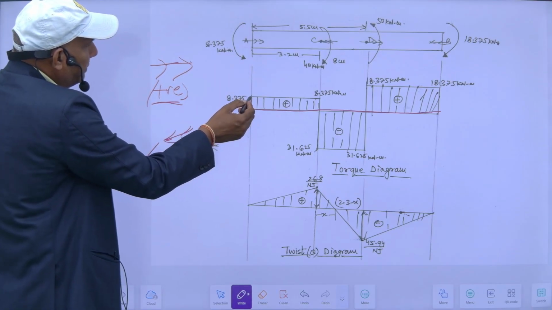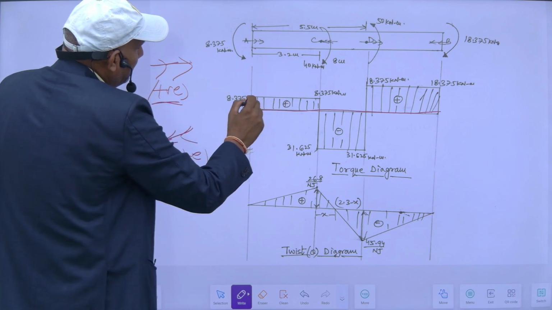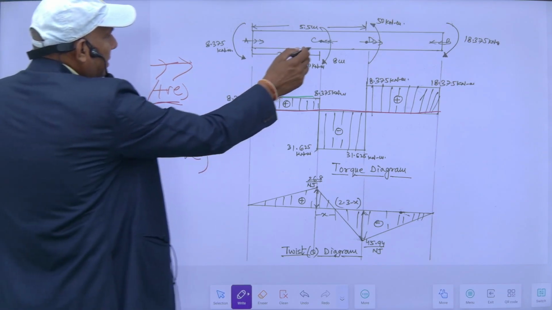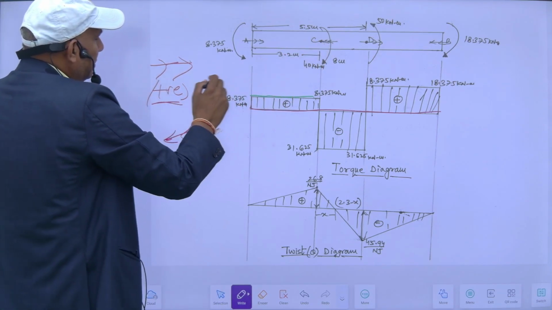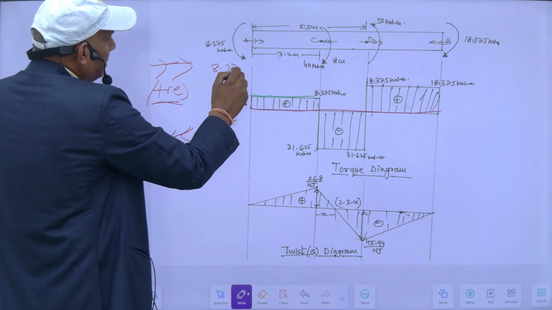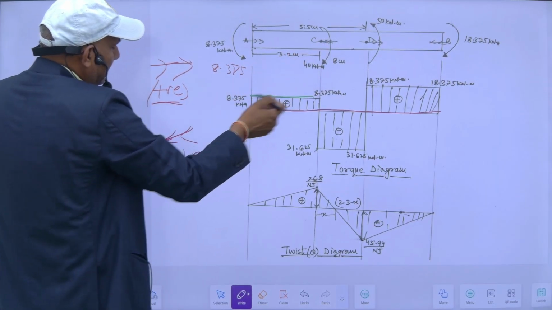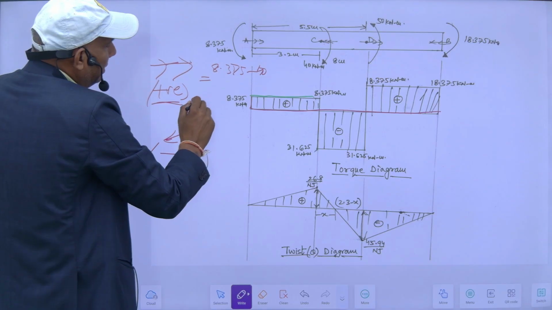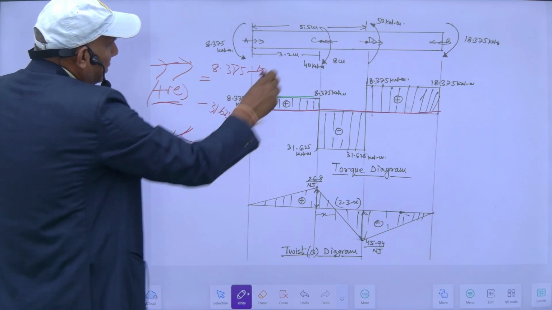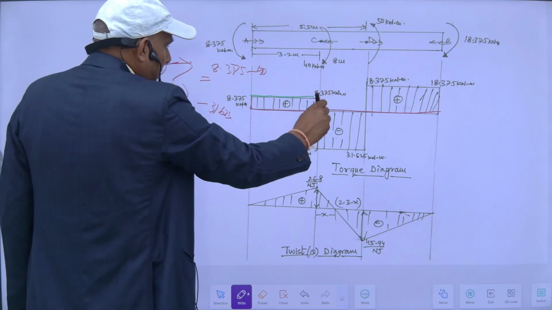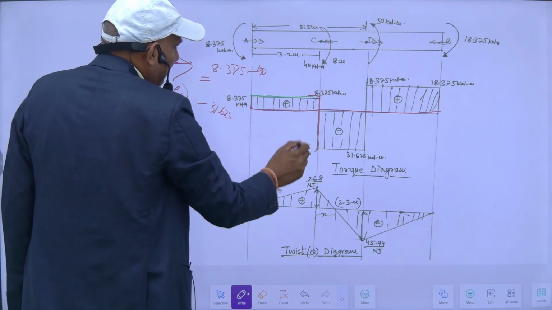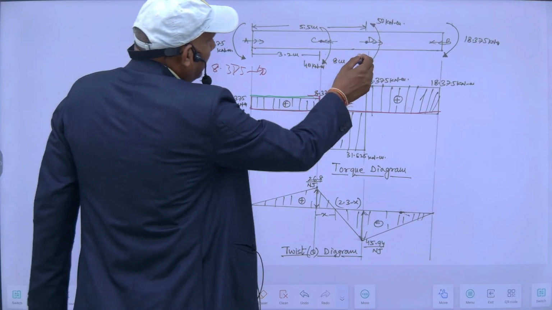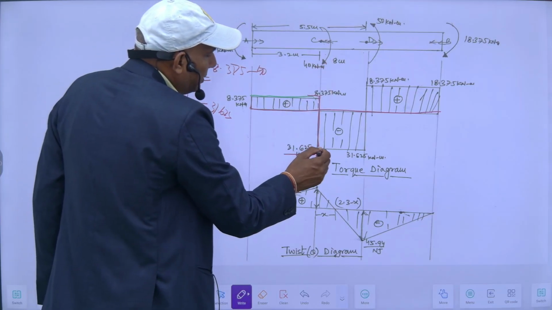8.375 is positive, and from here to here it is constant. When I come here, this direction is opposite of this. So 8.375, which is positive, minus 40 will be minus 31.625. So it will drop and come here. So it is 31.625 kilonewton meter. From here to here, no extra torque is there, so this will be constant.